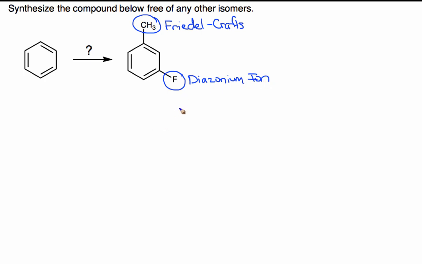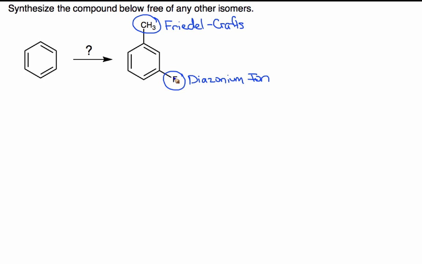Now, if we think about this, fluorine would be an ortho-para director, so that's not going to help us out with the Friedel-Crafts, and additionally, this deactivating group probably wouldn't work well anyways, and the methyl group is an ortho-para director. So how do we get a group installed meta to the methyl?